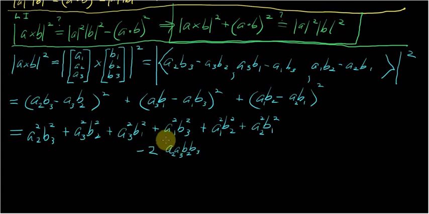Since I know that each parenthesis is going to have a -2 in it, I'm going to factor that out right from the start. So now this middle term, with the 2 already gone, we're going to have a1a3b1b3. And then this one, we're going to have a1a2b1b2.